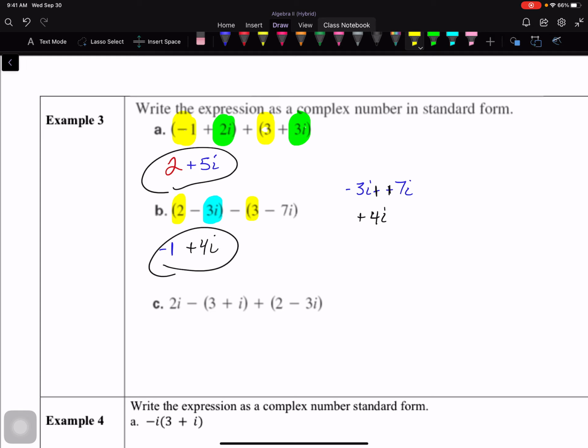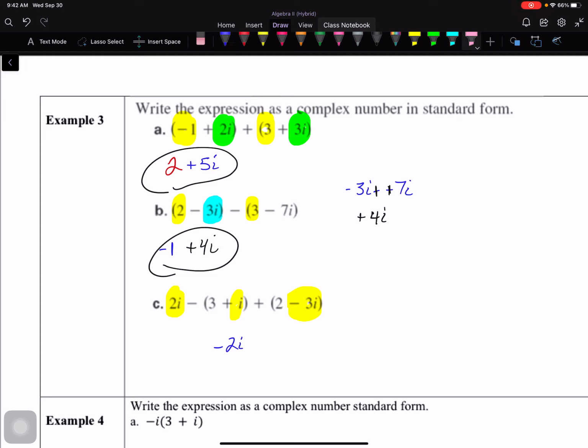And we'll go ahead and just do the last one quick. We have 2i minus i plus -3i. So 2i minus i will just be i, plus -3i would be a -2i.